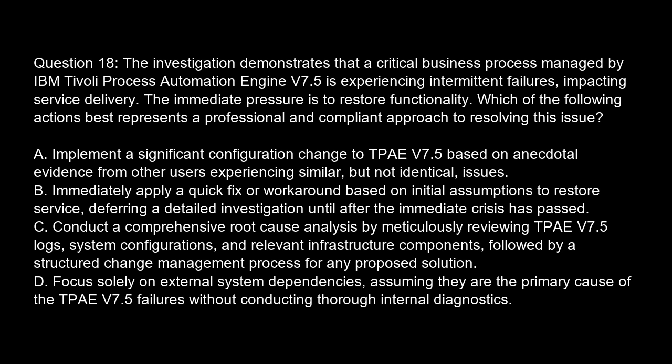Option C. Conduct a comprehensive root cause analysis by meticulously reviewing TPv7.5 logs, system configurations, and relevant infrastructure components, followed by a structured change management process for any proposed solution. Option D. Focus solely on external system dependencies, assuming they are the primary cause of the TPv7.5 failures without conducting thorough internal diagnostics.